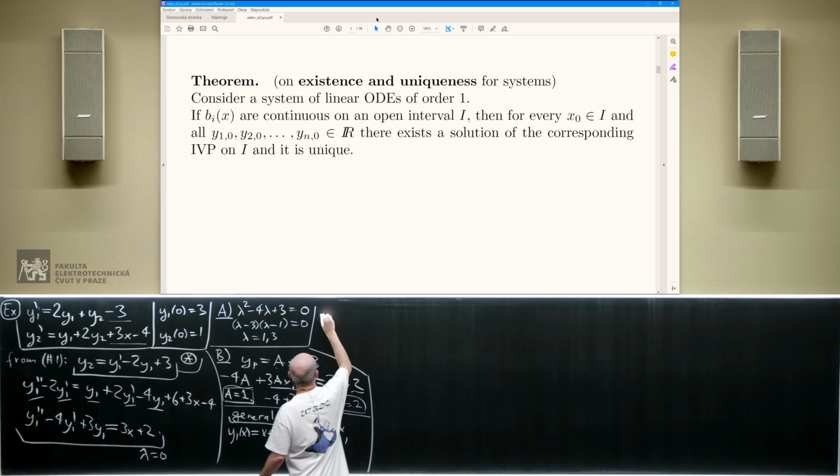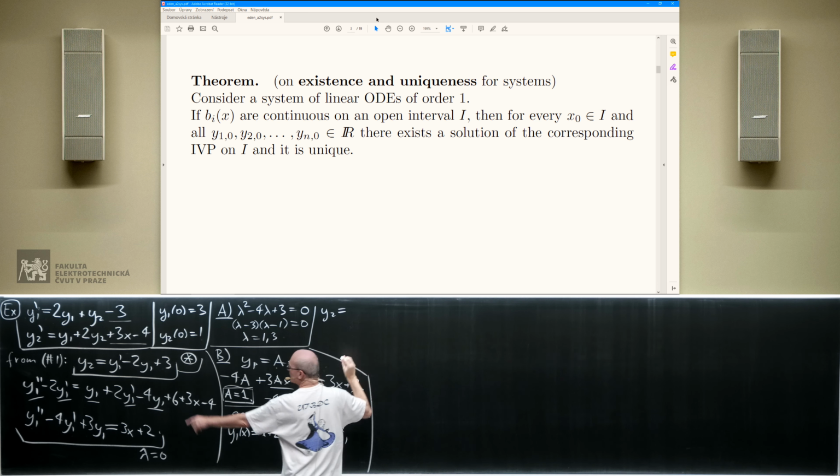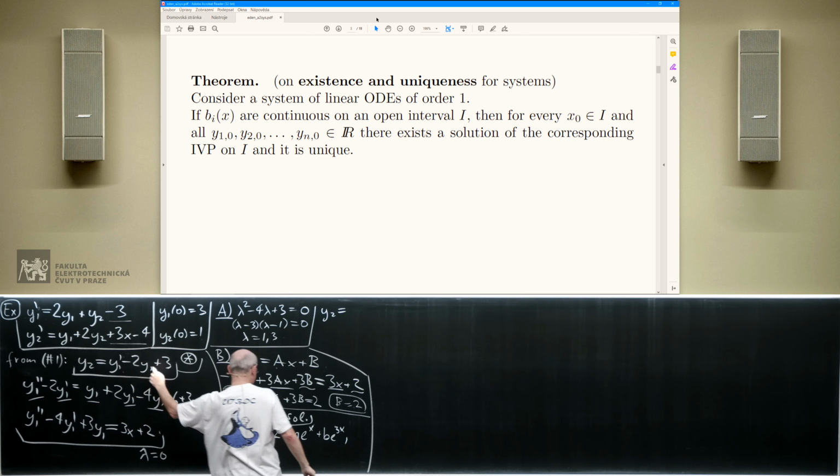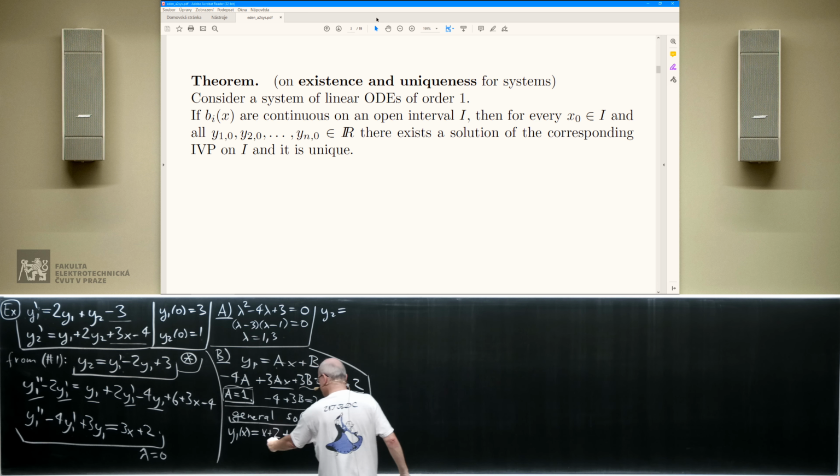So, y2, let me put it somewhere here. y2 is y1 derivative. y1 is here. I take the derivative: 1 plus a e^x plus 3b e^(3x).